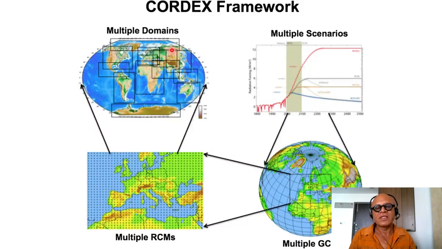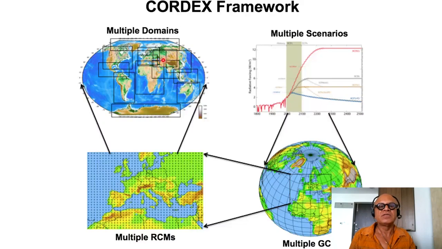Okay, there is a coordinated downscaling experiment which takes global projections done under the IPCC model suites like CMIP5 and CMIP6. Multiple regional domains like this are created, and higher resolution regional climate models are run for the future for each region. There are debates about whether they really improve the results or not.